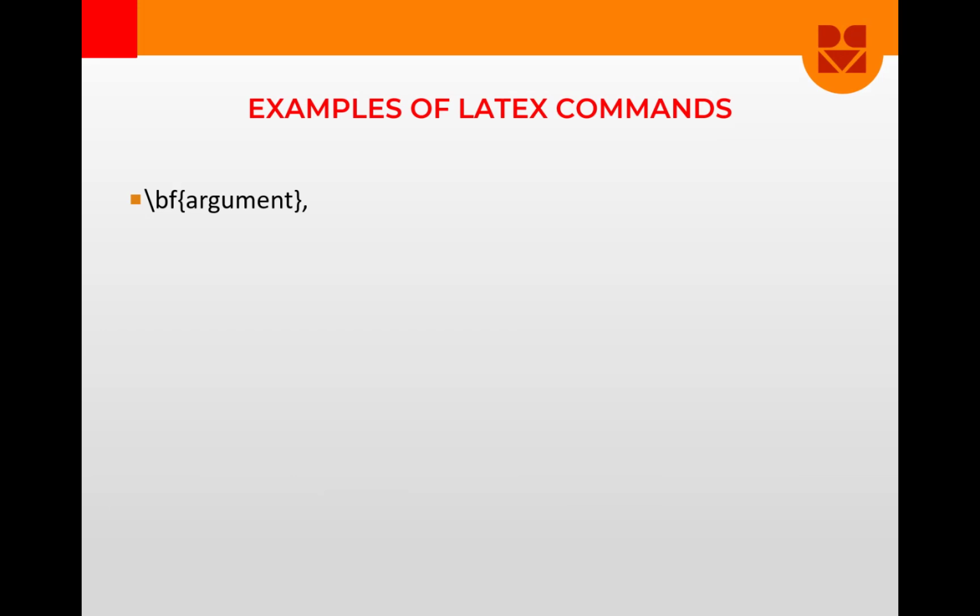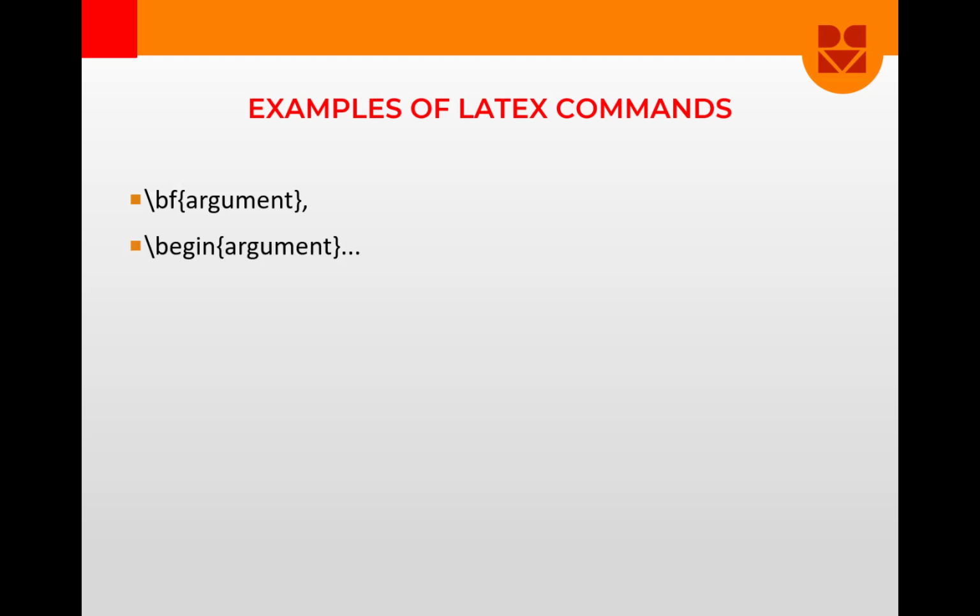For instance, we have the backslash and then the bf argument, which stands for bold face or bold font. If you want to make your text bold, you use this, and then you put the argument. The argument will take the word you want to bolden, or the sentences, or whatever you want to bolden, you put it in place of the argument there, and then you get that.